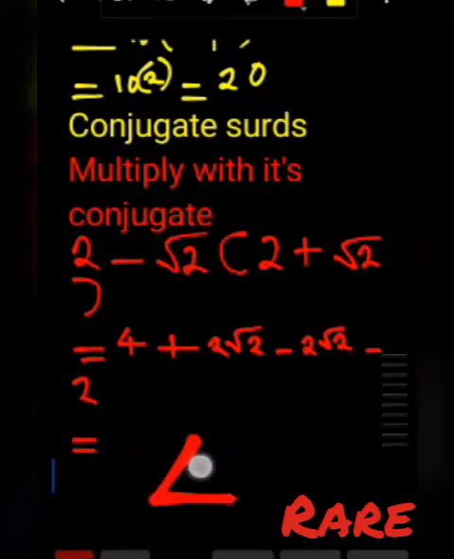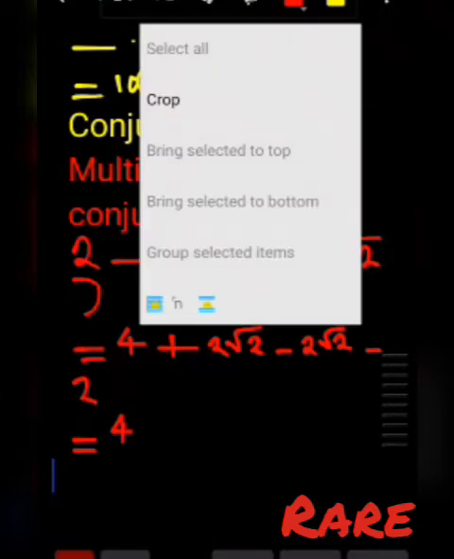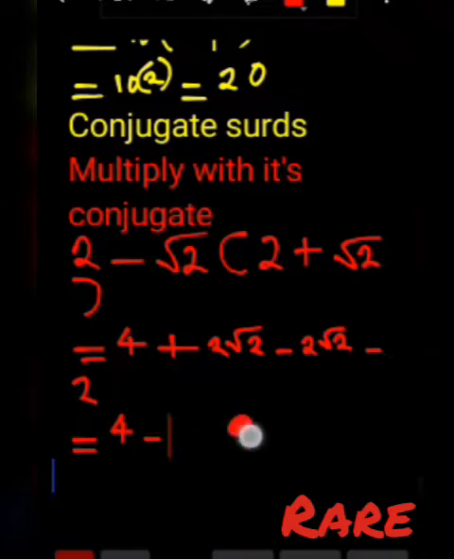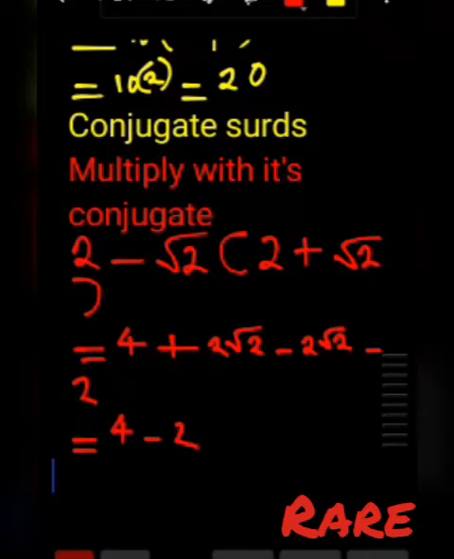We're going to have 4, this part is 0, so we remain with 4 minus 2, which is equal to 2. This is the answer. This is how you can multiply conjugates.